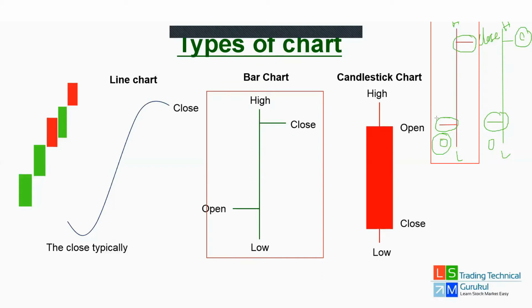So the bar chart is useful whenever you are analyzing a rally. If you want to identify all the green candles, all the closings above the previous closing, if you want to find that rally, then sometimes, to eliminate the confusion, you can convert the chart into the bar.